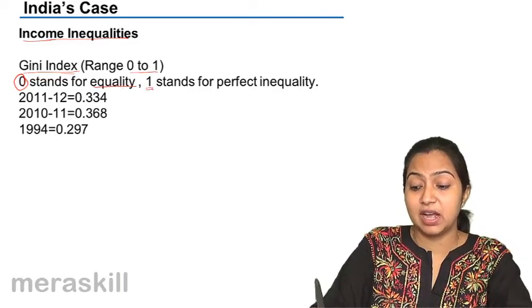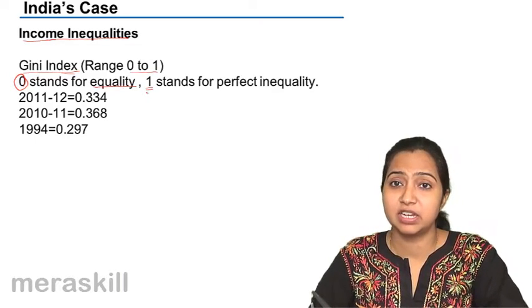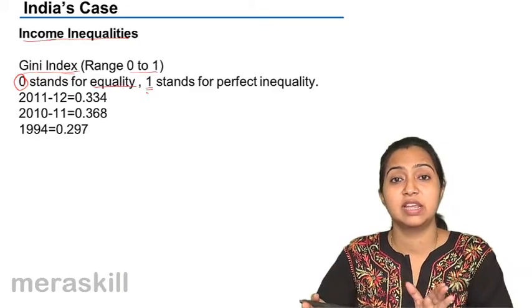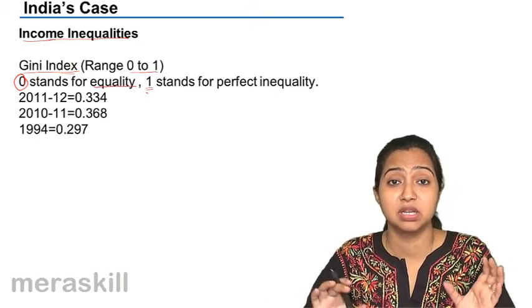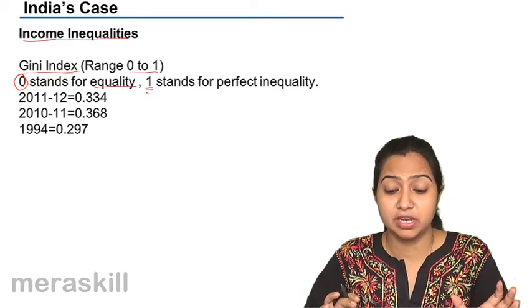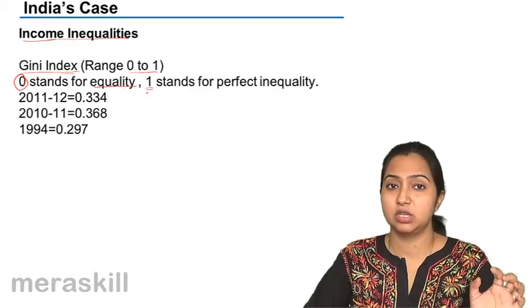Whereas if in a country the Gini index is 1, it means that there is perfect inequality. Every individual is getting a different income and there is a lot of difference amongst the incomes earned by individuals. So the Gini index falls in between these two extremes, 0 and 1.